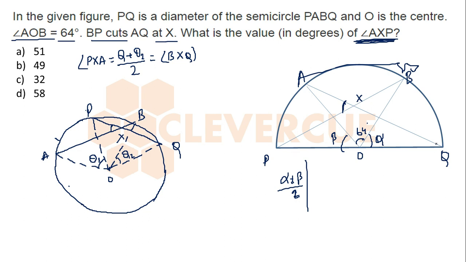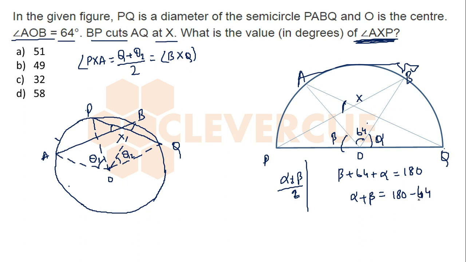See here, PQ is the diameter. If PQ is the diameter and if this angle AOB is 64, then beta plus 64 plus alpha will be equal to 180. That means alpha plus beta will be equal to 180 minus 64.